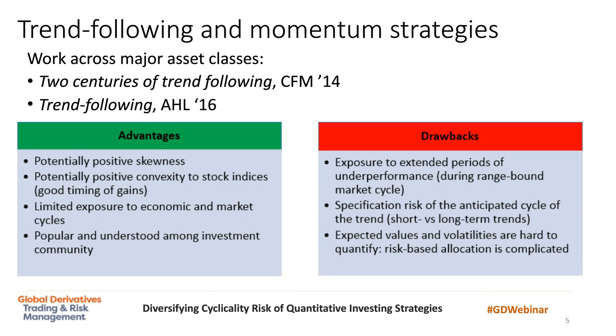The only drawbacks may be a tendency to underperform over extended periods of time, difficulty defining whether you are looking for long-term or short-term trend, and difficulty in allocation, because you want to separate the sign of the signal from the position size.